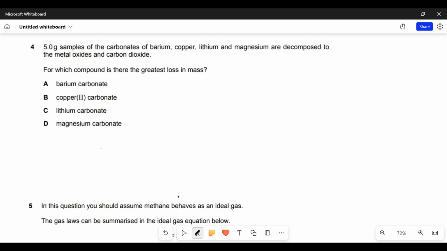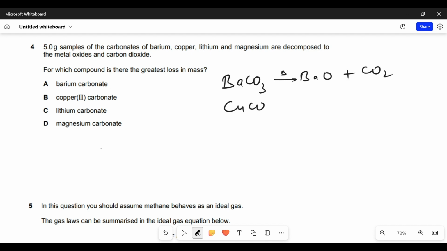Question number 4 says 5 gram of sample of carbonates of barium, copper, lithium and magnesium are decomposed to metal oxide and carbon dioxide. For which compound is the greatest loss in mass? Let's write down the equation. Barium carbonate BaCO3, if it decomposes in presence of heat, it gives you BaO plus CO2.